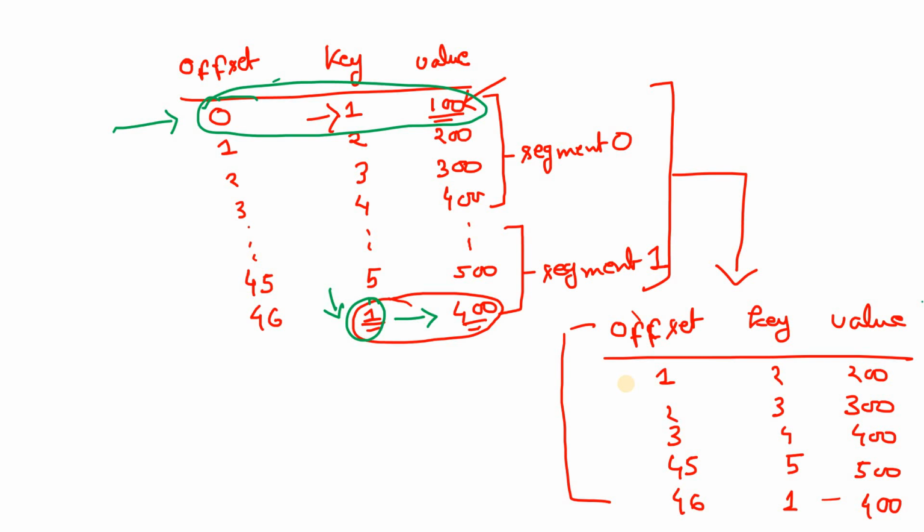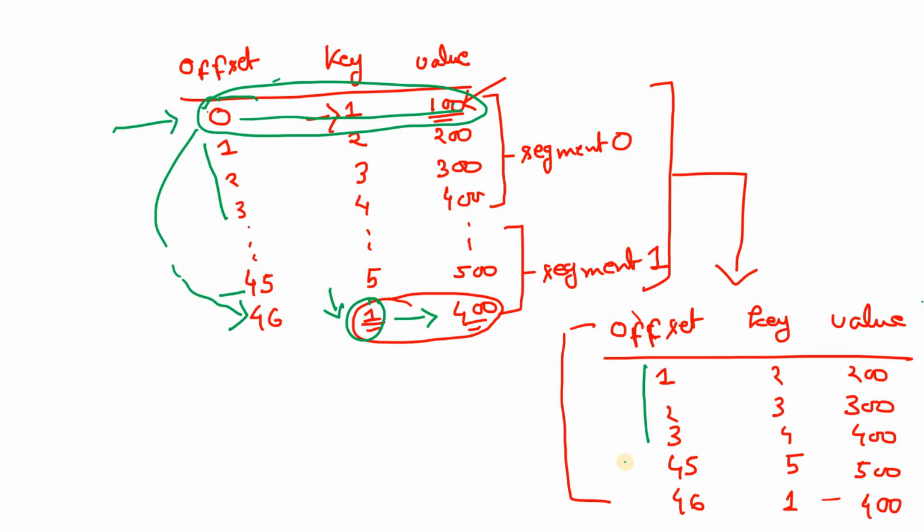Another very important point to note: in this particular case, log compaction only removes the messages but does not reorder the messages. Like if you see here, for the offset 0, for the employee ID 1, the value is 100, that got removed because at offset 46 we have the updated value, right? But for the rest of the entities, offset 1, offset 2, offset 3, they have the same information.